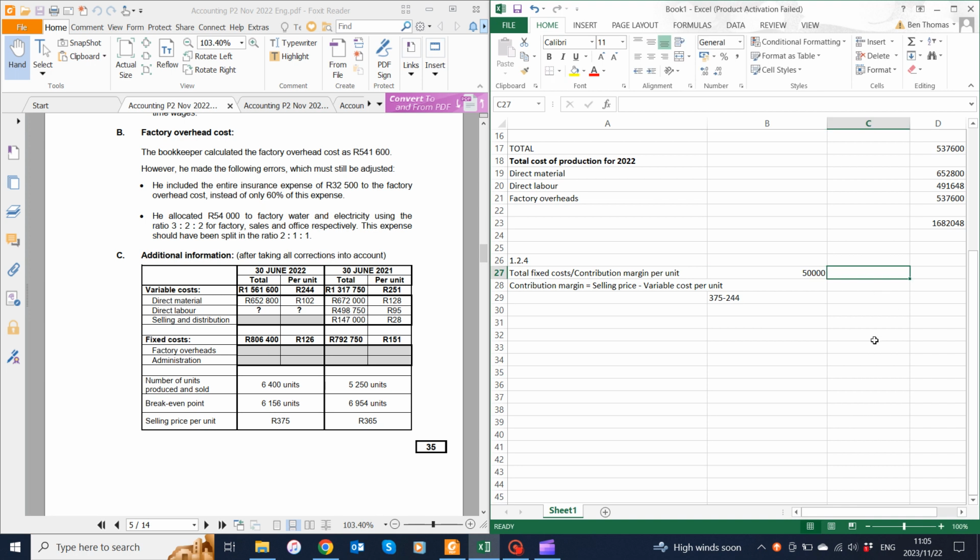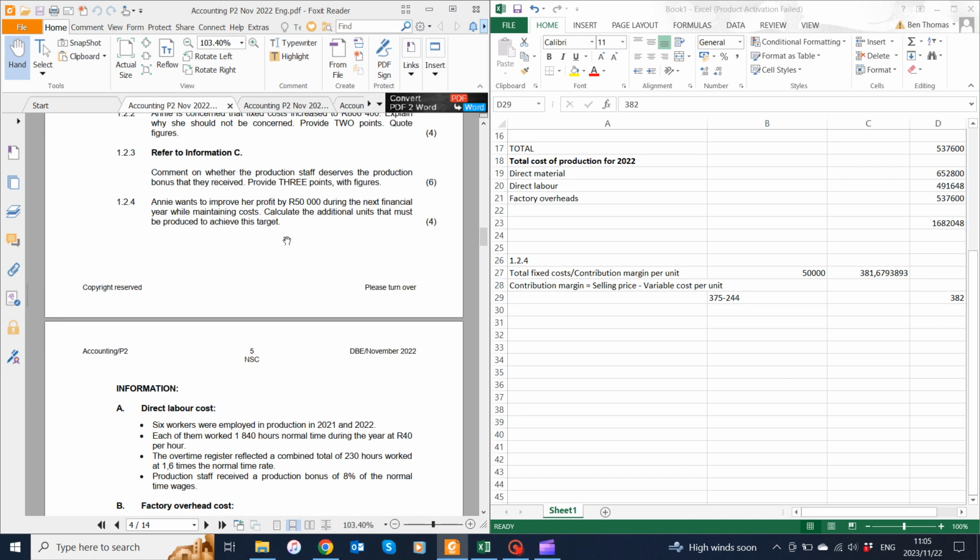So if we want our answer, we're going to say 50,000 divided by 375 minus 244. That gives us 381. So if we round off, and it is always better to round upwards, we're going to get the amount of 382 units. So that means Annie must manufacture and sell an additional 382 units if she wants an additional profit of 50,000 Rand.